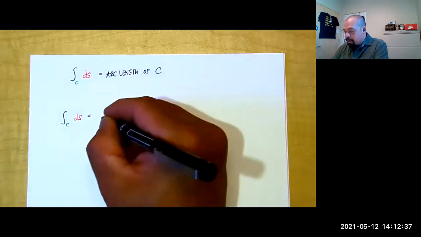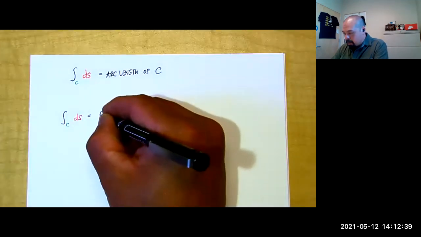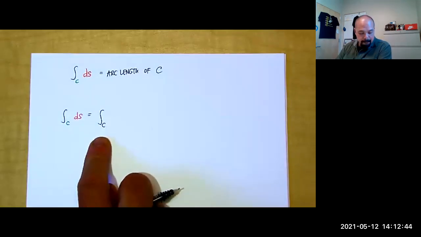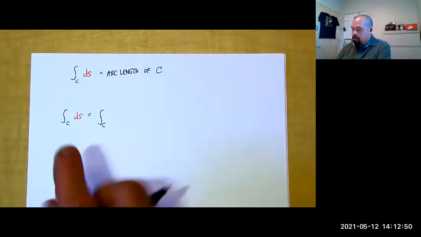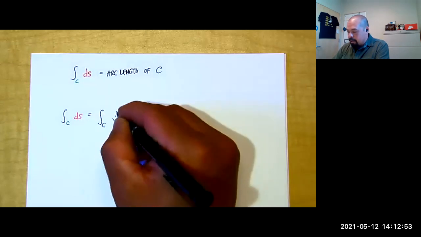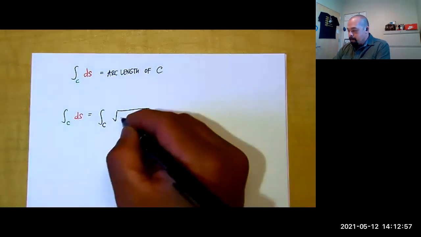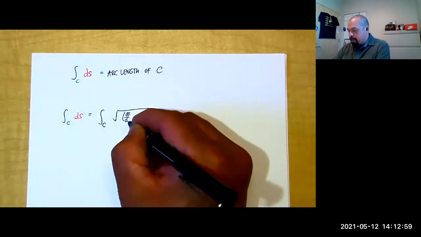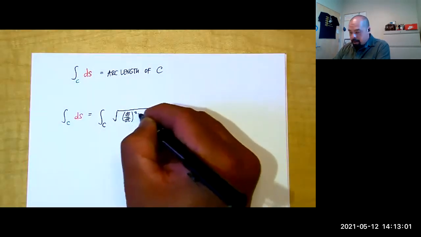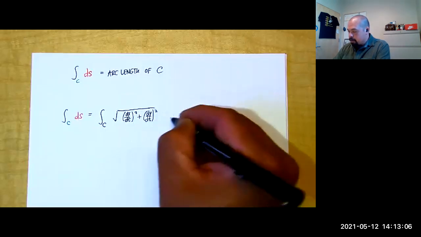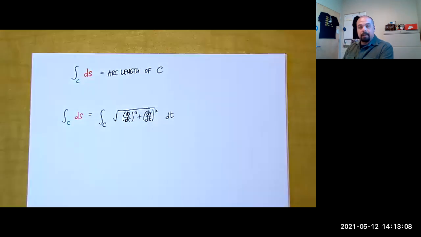This is going to be equal to this integral over C of this arc length, the square root of dx dt squared plus dy dt squared dt then, right?